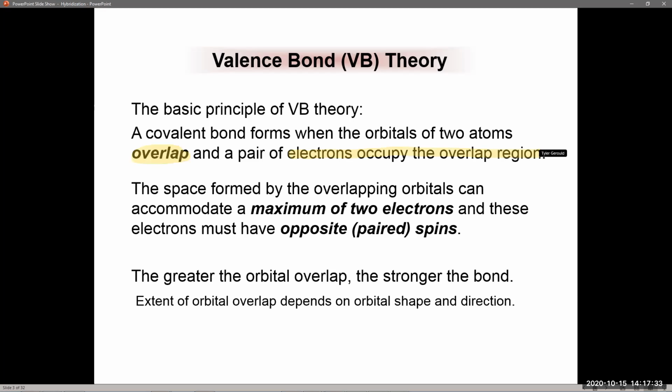This is kind of the definition of a bond, overlapping orbitals. Now, the predicament of whether they're s orbitals or p orbitals, we'll get into that. But a bond is just overlapping orbitals, shared space, where in that overlapping space, there's still only a maximum of 2 electrons.